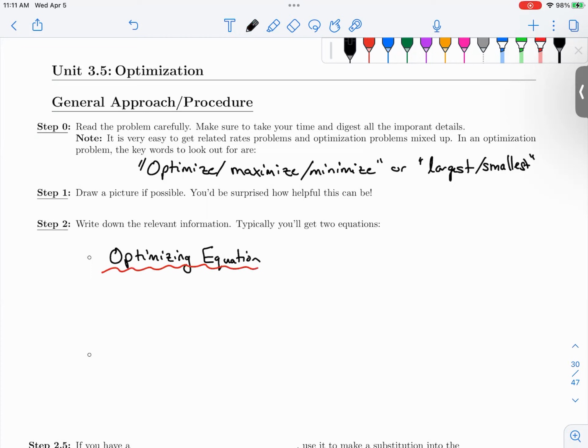The optimizing equation involves the quantity you want to optimize. Sometimes it has two variables.